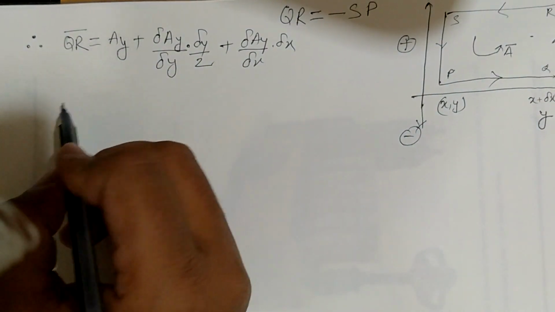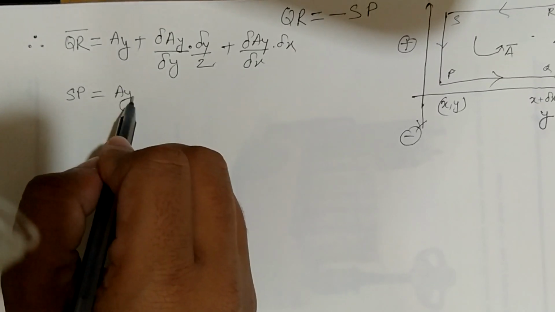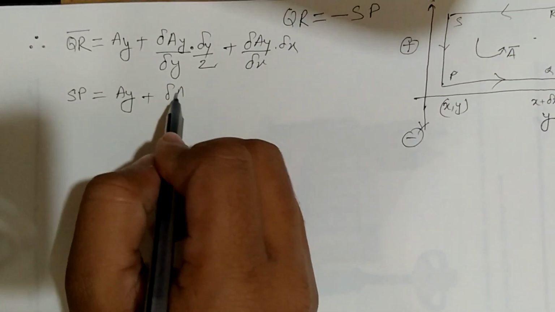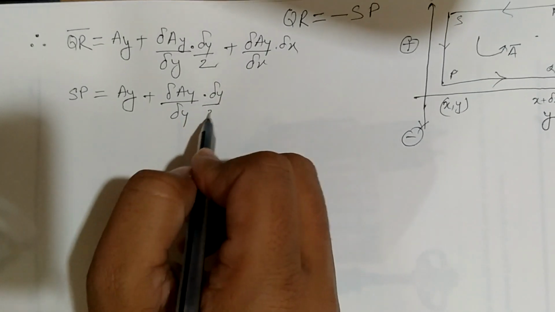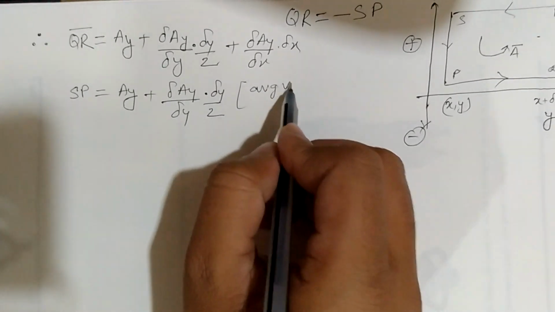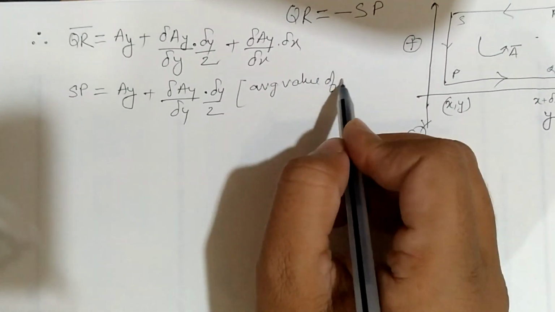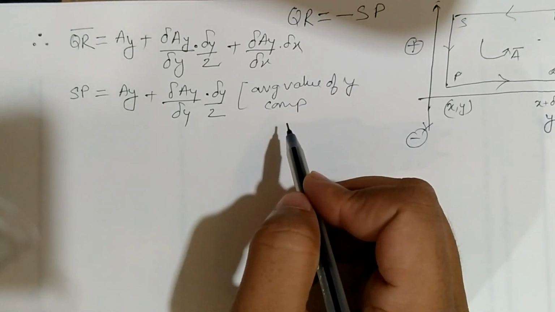Similarly we can calculate the value of SP also as Ay plus delta Ay by delta y into delta y by 2, because we are taking the average value of the y component along the path.